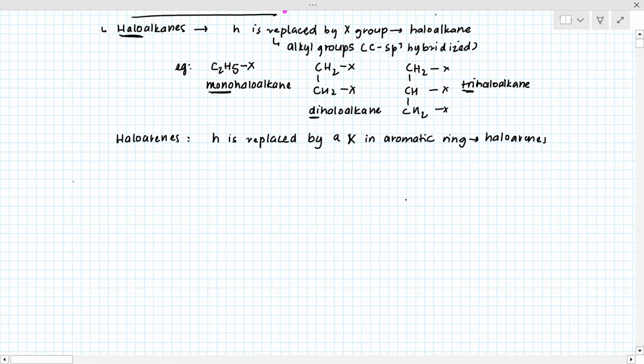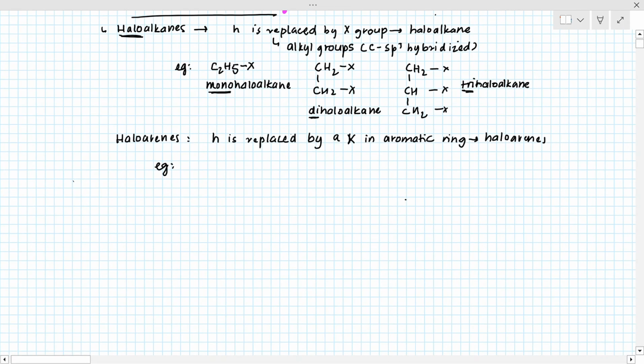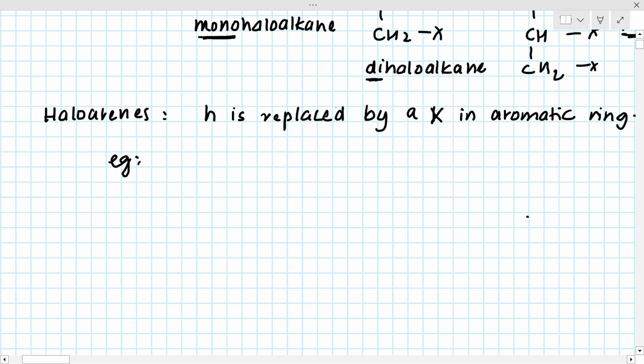Simple. So the best example I could fetch is this, monohaloarene, and they're also called aryl halides.